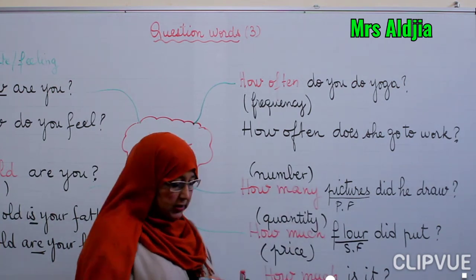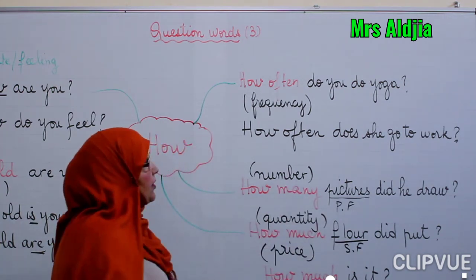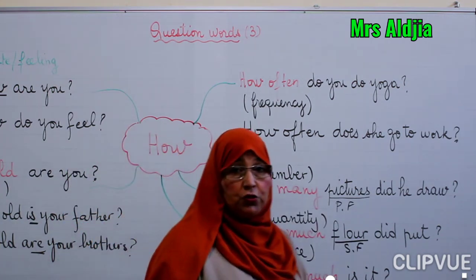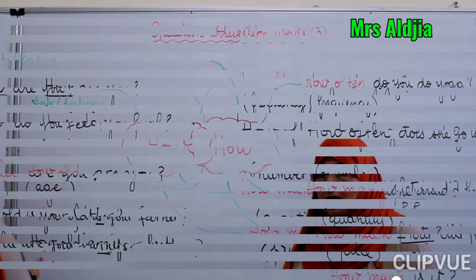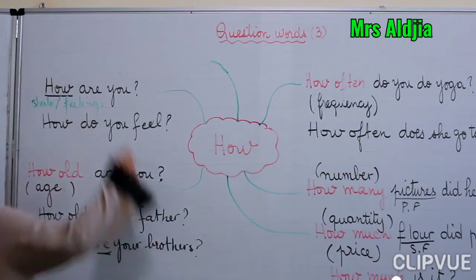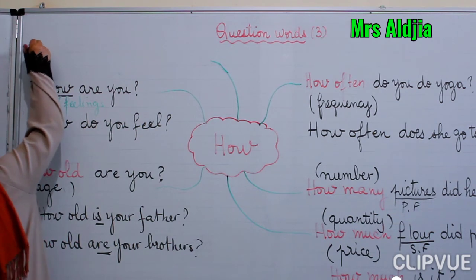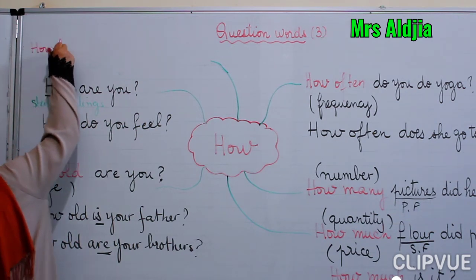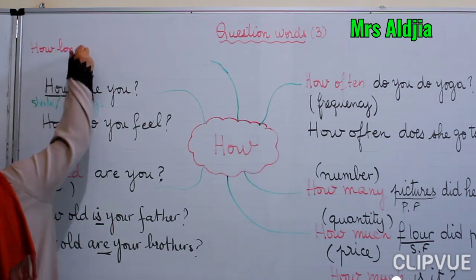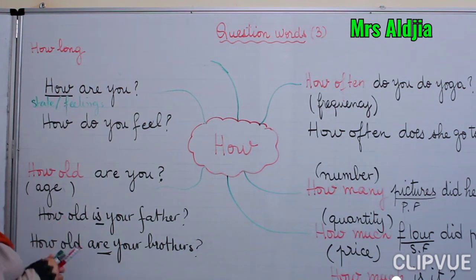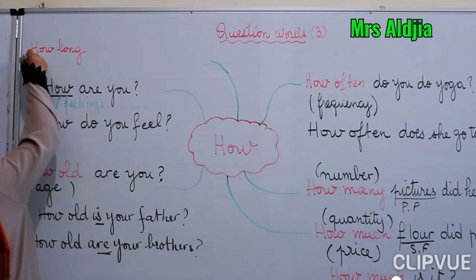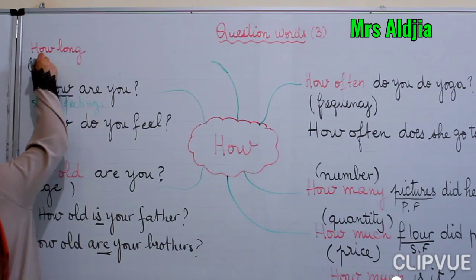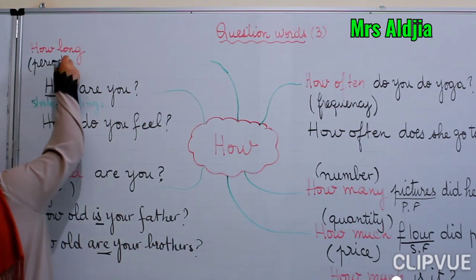So are there any other question words starting with how? Yes, there are a lot. How long? For example, we say how long? When we say how long, it's a period of time.